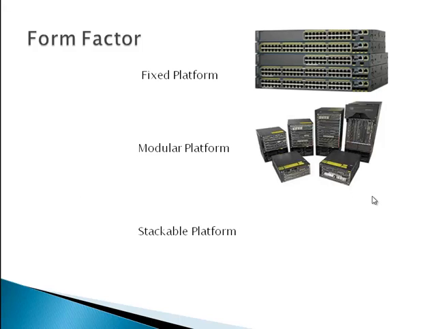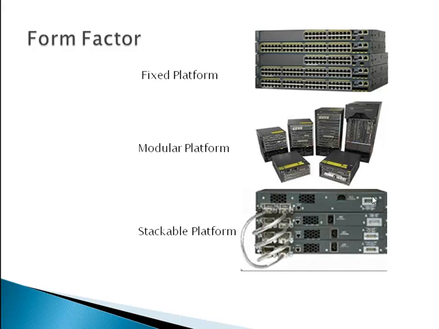The last type of form factor is the stackable platform. On the stackable platform, if you want to add more than one switch, for example, to increase the port density, we can stack them together. If we just use one of these ports, like a port from here goes to this port, it's like we are making 2 switches, but they will work individually.